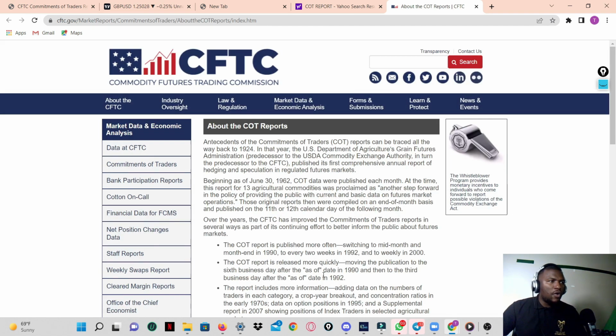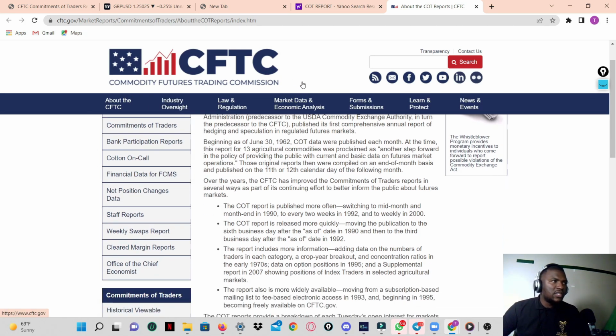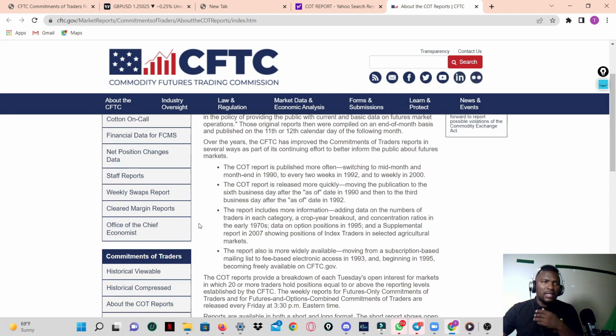So this is how you'll be able to see that we have the Commodity Futures Trading Commission, which is the CFTC in the US. This is more like the data that is being released. This is more of an institutional way guys of approaching the market.